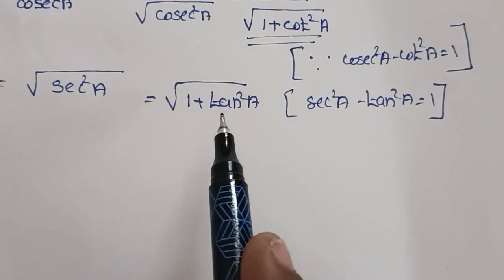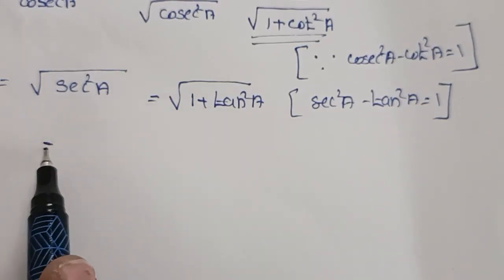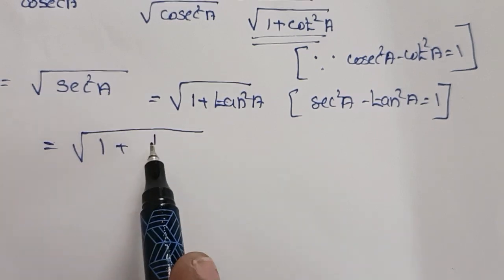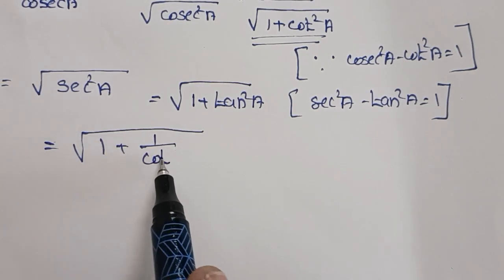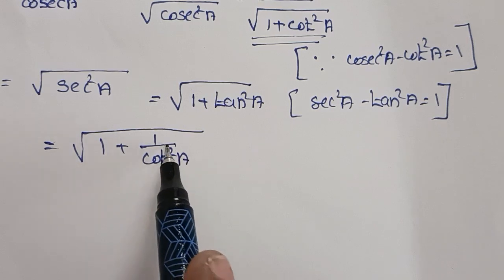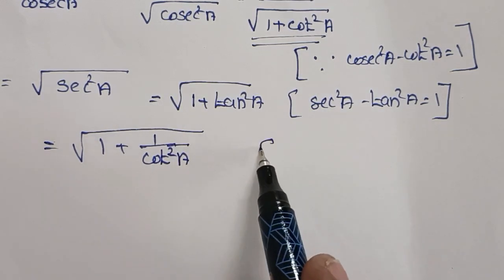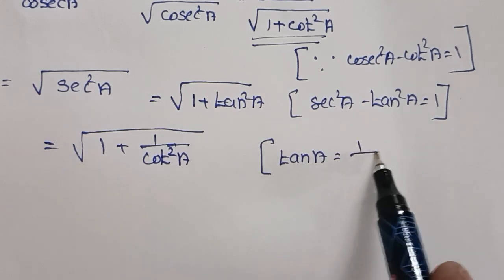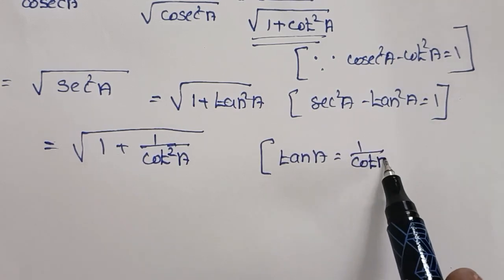But we have to express in terms of cot, that is equal to square root of 1 plus tan square A, and tan theta is the reciprocal of cot theta. Therefore, we can write 1 by cot square A. Reason, tan A equal to 1 by cot A. Tan and cot are reciprocals.